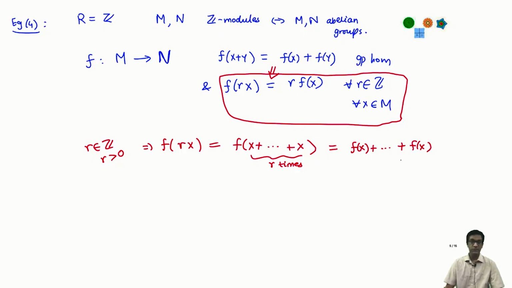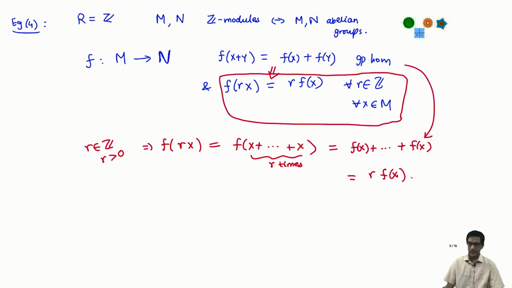This is just by using the first property alone, that it is a group homomorphism. But that's exactly the definition of how the element f of x is scalar multiplied by r. I will just leave it for you to check that the same sort of thing holds if r is negative or 0.